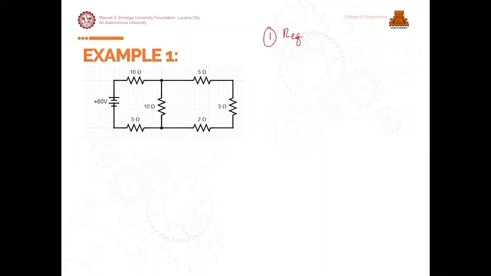Okay? So for this case, ang gagawin natin is titignan natin yung mga connection ng resistors natin. So makita natin dito from the battery, naka-series si 10 ohms. Okay? Then naka-series kay 10 ohms si another 10 ohms. Okay? Pero pagdating dito, meron tayong node dito na meron tayo ng another set of connections dito.